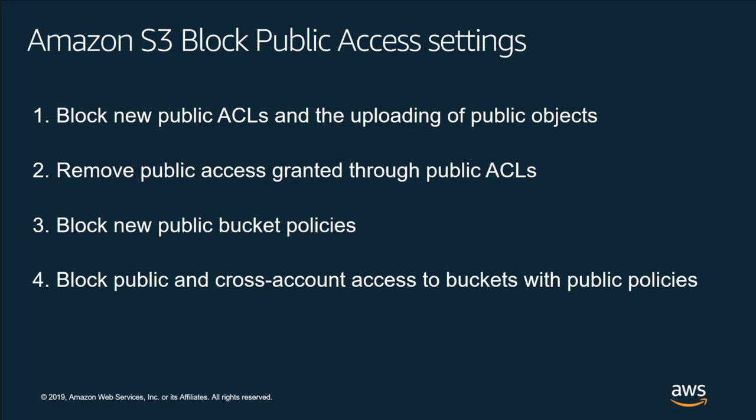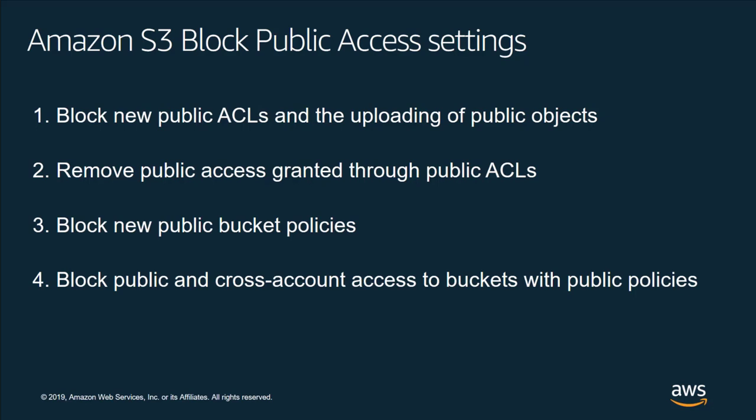So the 2 of them combined prevent any ACLs from providing public permissions to your buckets. An important point to understand is that block public access doesn't remove the ACL itself, or change the bucket policy. It just prevents it from providing public permissions.